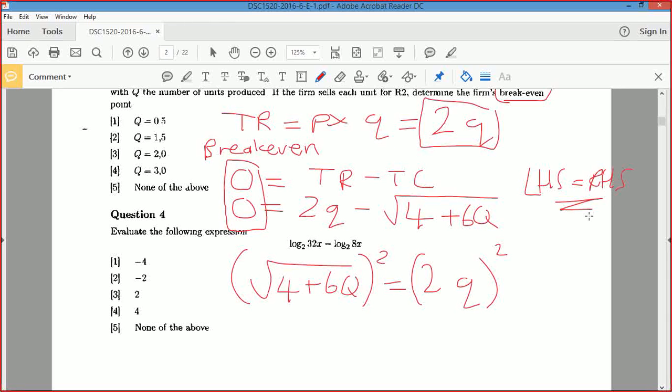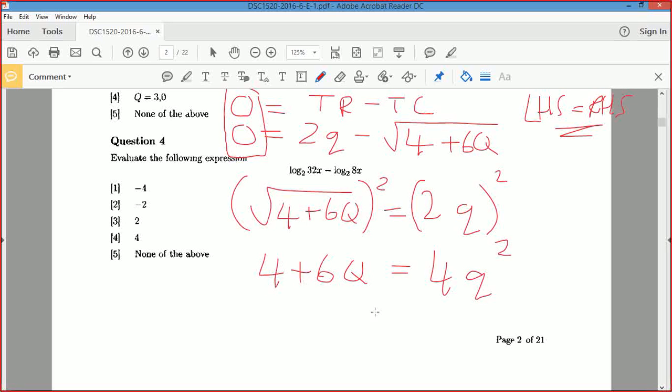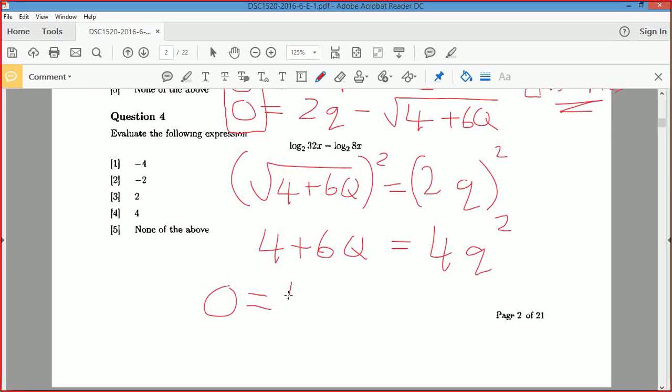If I square the left, I square the right, it's the same equation, just a bit bigger on both sides. So if I square a square root, I get 4 plus 6Q. If I square 2Q, 2 squared is 4, Q squared is Q squared. Now I need to take everything to one side, so 0 equals 4Q squared minus 6Q minus 4.